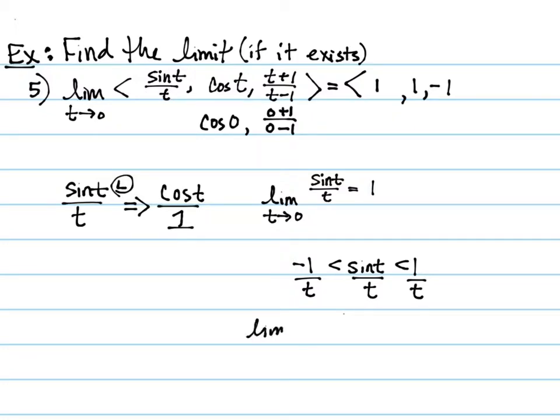And if I have the limit of -1 over t as t goes to 0, I have the limit in the middle here, and I have the limit over here. The things we did with sequences and series, those are very familiar things to you, right? What happens if we're taking a look at letting the denominator go to 0 of -1 over 0?